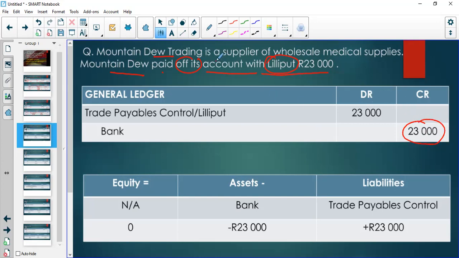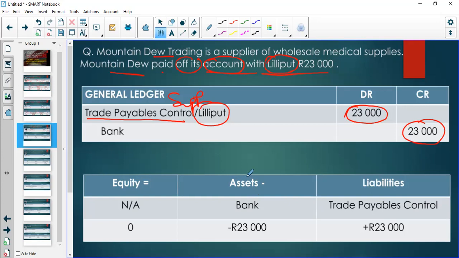But now this is somebody we have an account with, so it's a supplier to us. So we're gonna debit trade payables control or suppliers control or accounts payable. Also the account of the supplier, because we also want to go to that account. All right, because originally we bought on credit, now we're just paying off.